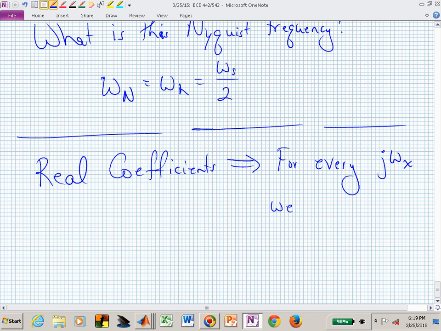For every j omega sub x, we have its complex conjugate, minus j omega sub x.